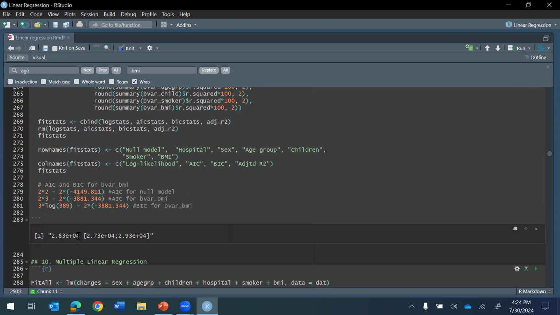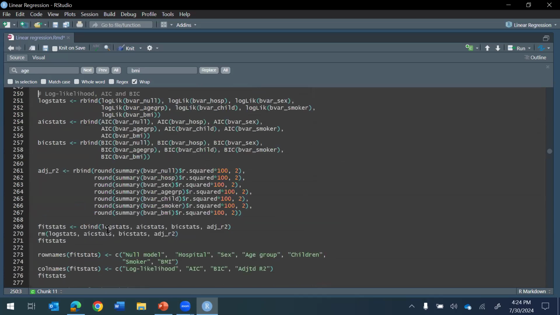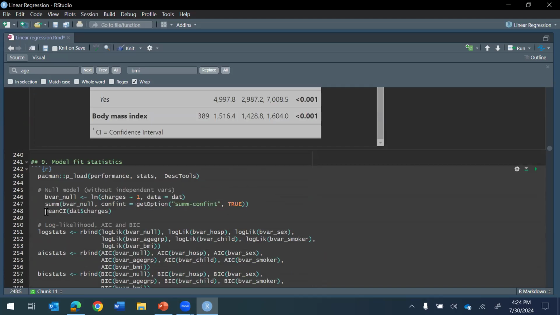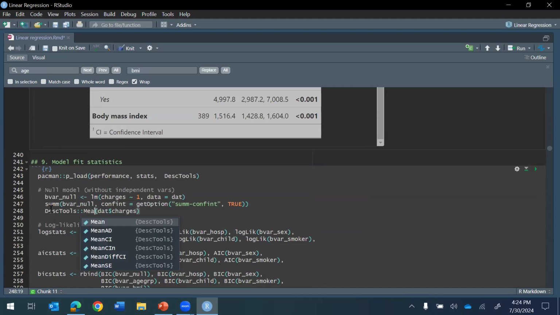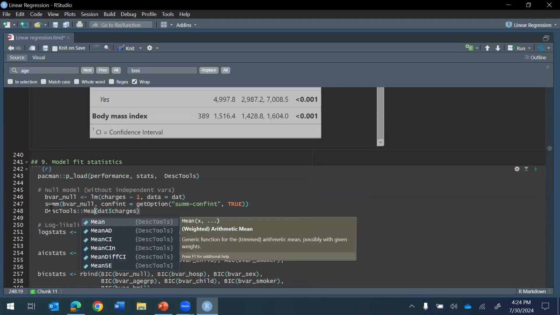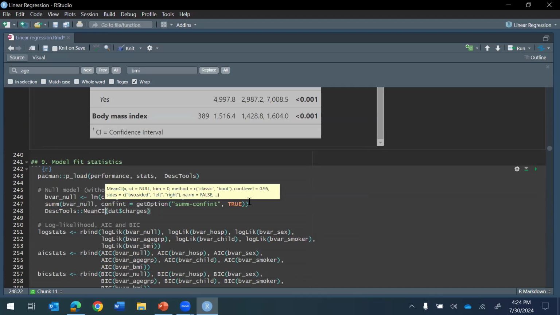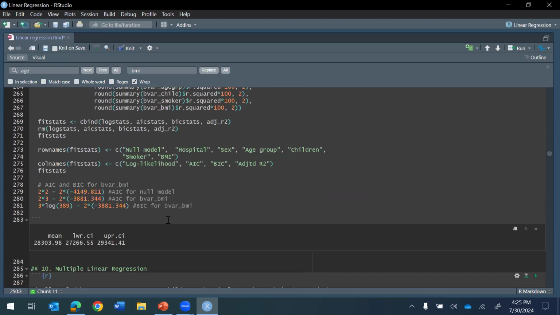What that will do is report it, but I don't like the way it's coming out. Let's use this package. Okay. This one is a bit, yeah.